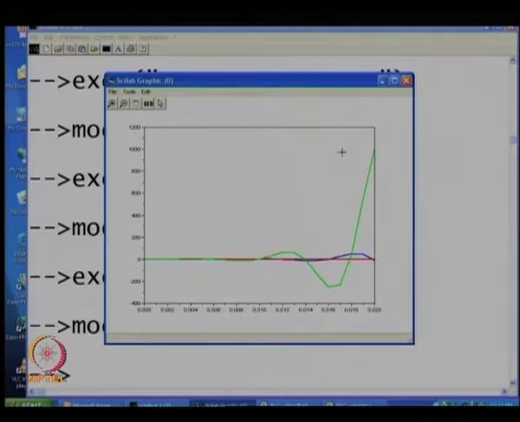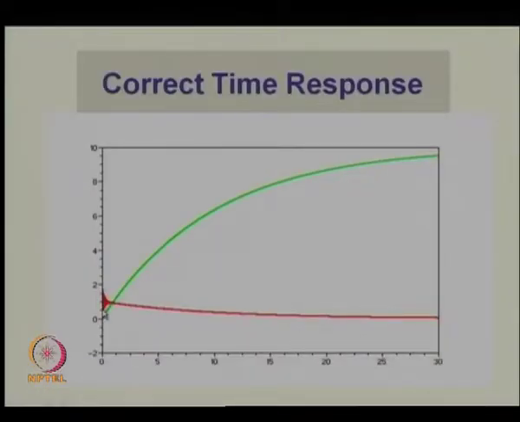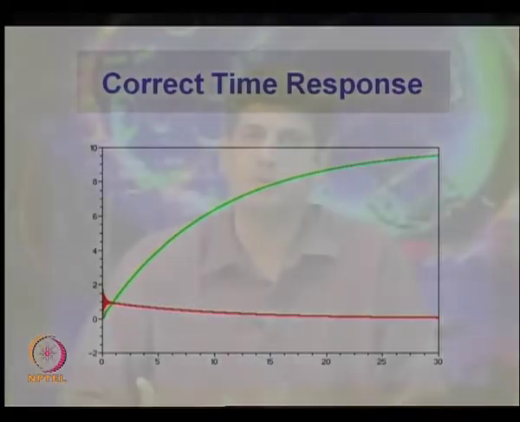Okay. Before we go ahead and try out the other methods, let us quickly look at the actual behavior of the system. The correct time response is this. How did I get this correct time response? The correct time response, if you recall, is not obtained by numerical integration, but by simply evaluating the response at various time steps from the analytical functions that we derive using eigenvalues and eigenvectors.